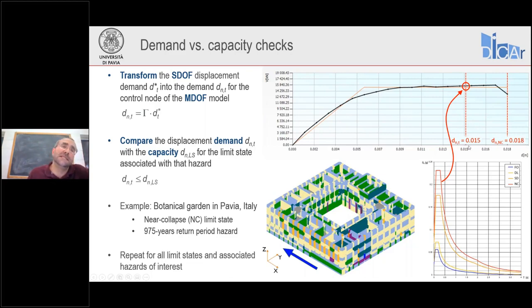The demand, in this case obtained with the standard N2 method, was 15 millimeters, already transformed from single degree of freedom to multiple degree of freedom system. So this is the control node displacement. 15 millimeters is less than 18 millimeters, so the building is responding fine, is going to be able to withstand that demand. And we have to repeat this operation for all limit states of interest.